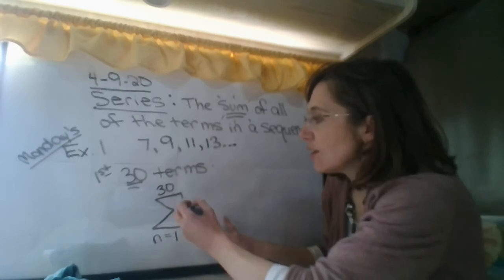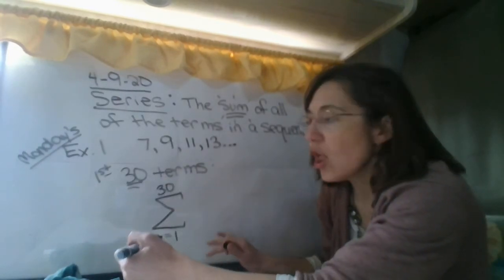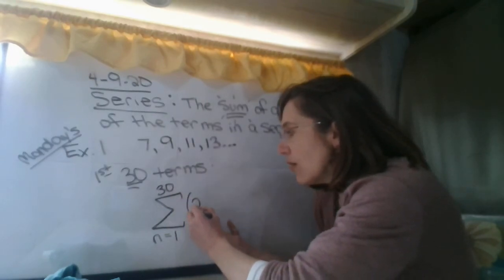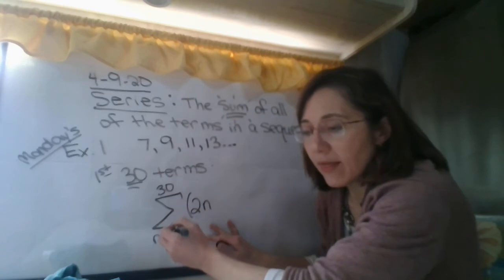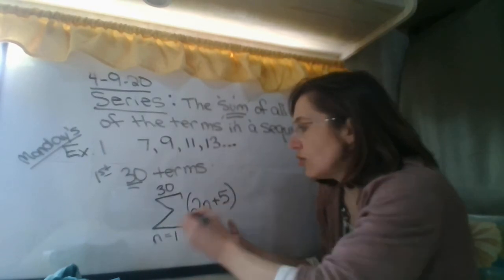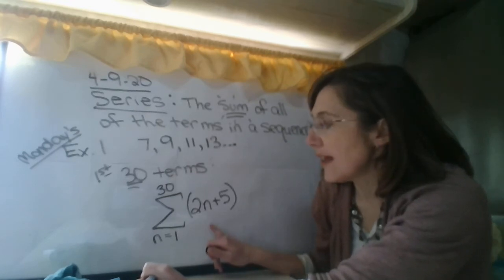And this is based on the explicit rule. Remember, we talked about the explicit rule on Monday, and the explicit rule for this sequence simplified to 2n plus 5. If you recall, we had that on Monday.